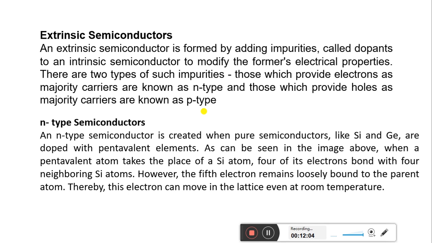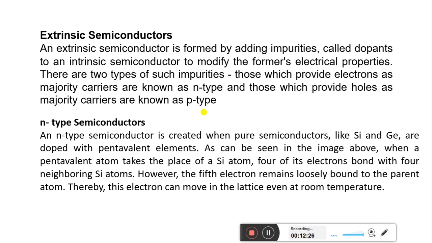So what we want to say is that a silicon atom has 4 electrons in the outer orbit, and the pentavalent atom has 5 electrons in its outer orbit.